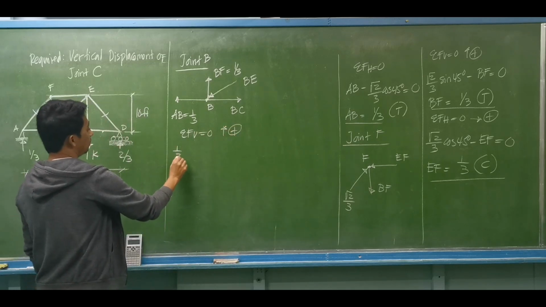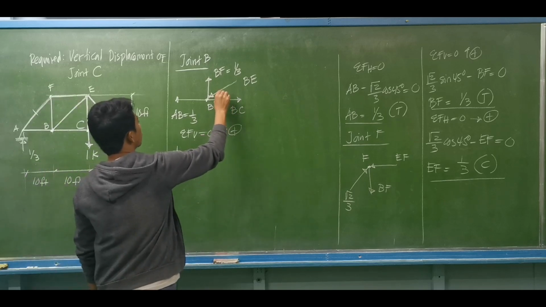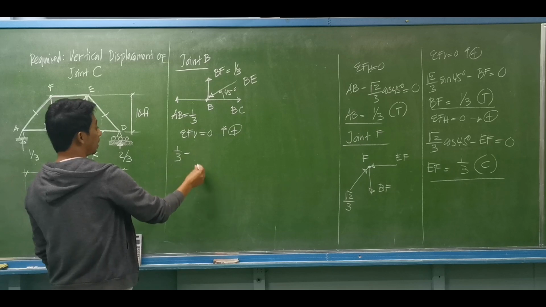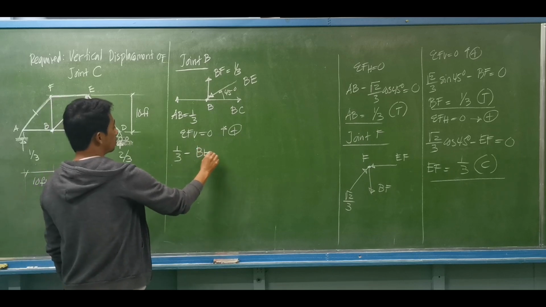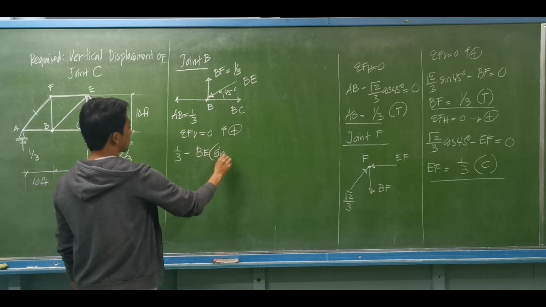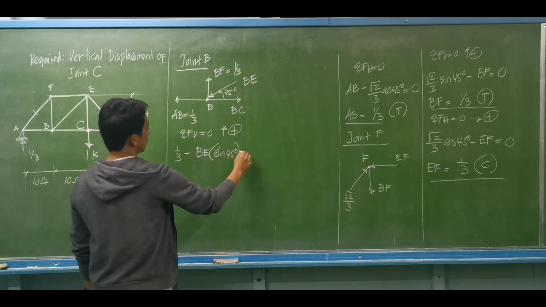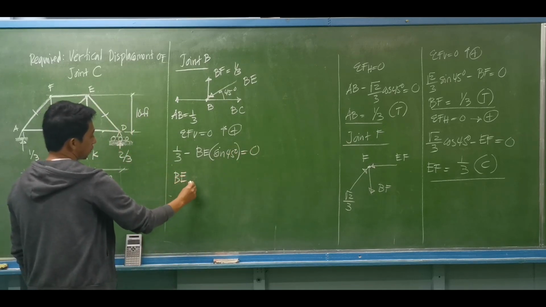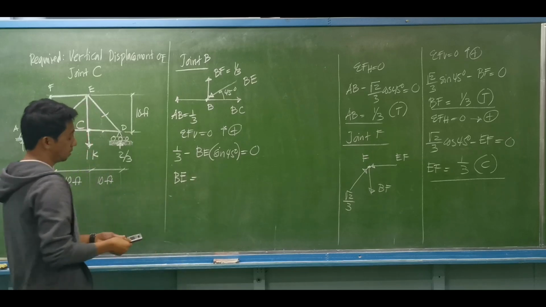That is 1/3. So again, this inclination is the same as 45 degrees. 1/3 minus BE, vertical component is sine of 45 degrees equal to 0. So that determines the value of the axial force for member BE.